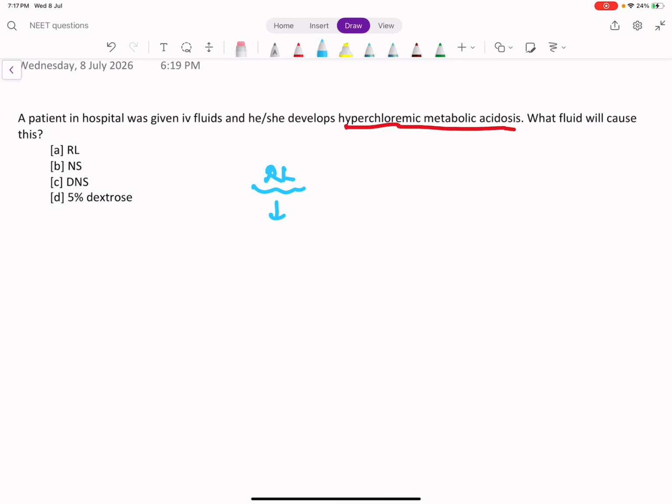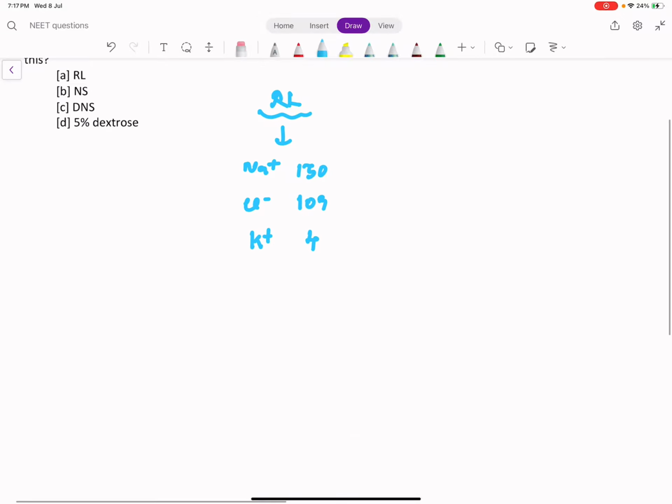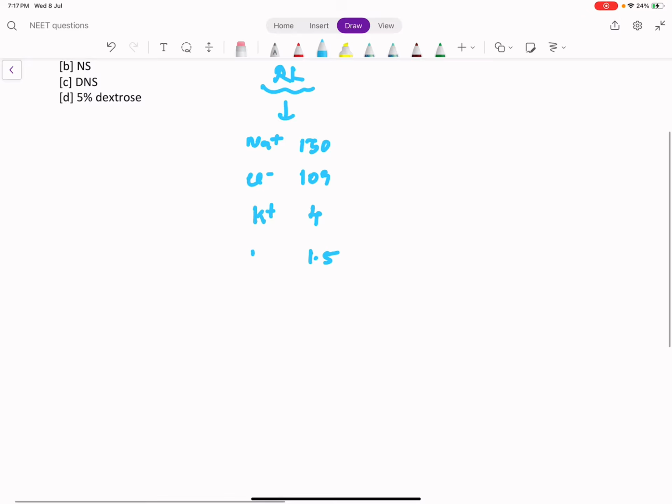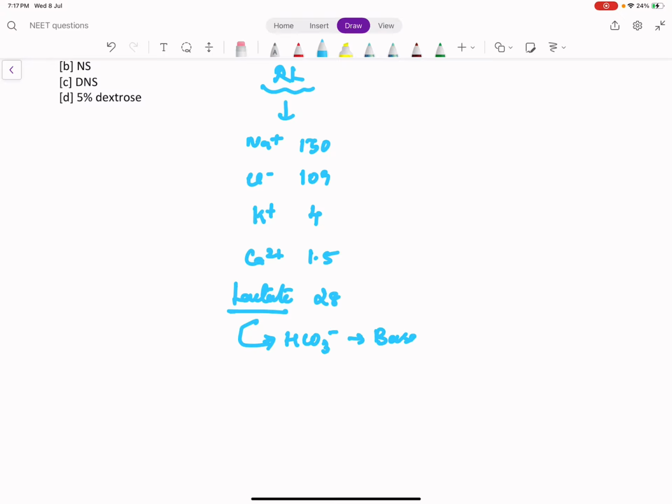It has 130 milliequivalents of sodium, 109 of chloride, 4 of potassium, 1.5 of calcium, and 28 of lactate. This lactate is not an acid. When the liver is functioning normally, this lactate gets converted to bicarbonate, which is a base. So it is a basic or an alkaline fluid.